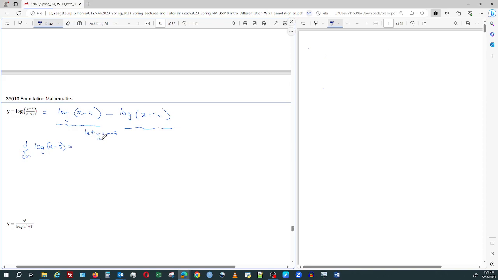So du dx is going to be equal to 1. That seems trivial. Over here, we can't have d/dx for our chain, so we're going to have d/du of the log of u. And what does that equal? I mean, these are logs. When we see this, we're saying log base 10.